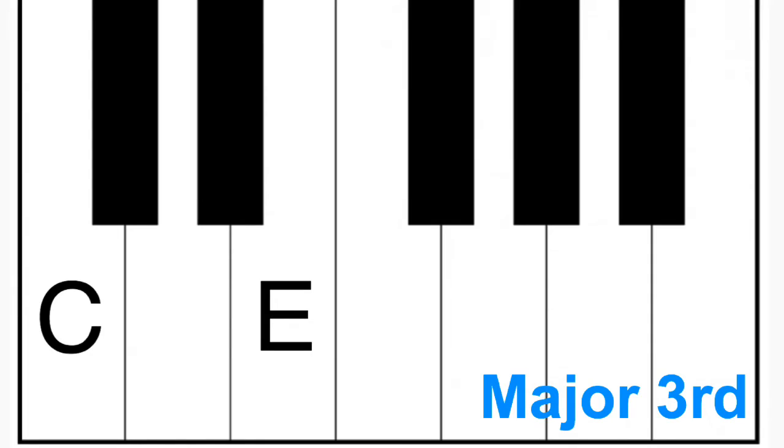This is a major third, C to E. This is what it looks like on the keyboard. It sounds like this. This example is a minor third because the flat flattens or lowers the top note by 1 semitone or half step, which makes the interval a little narrower.